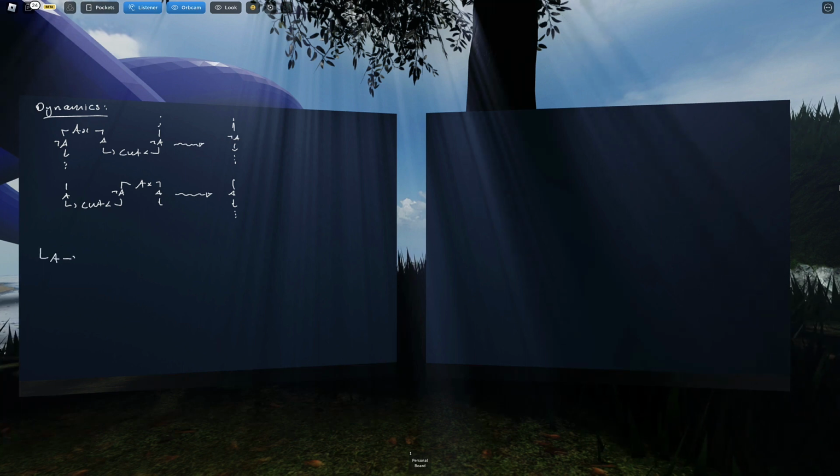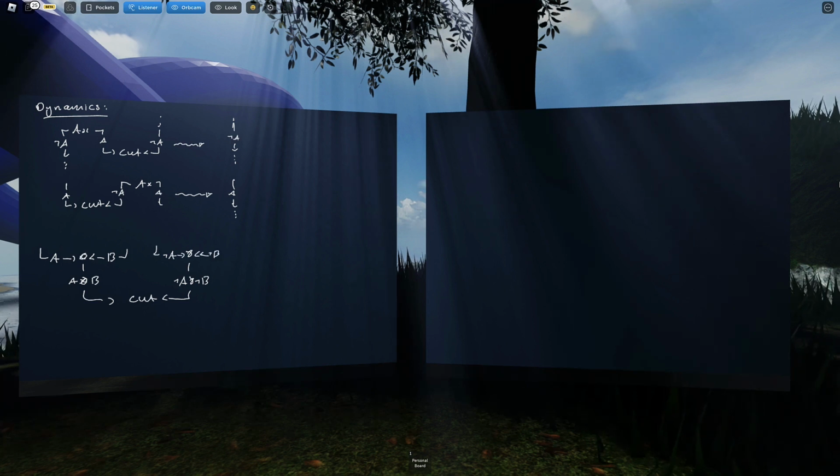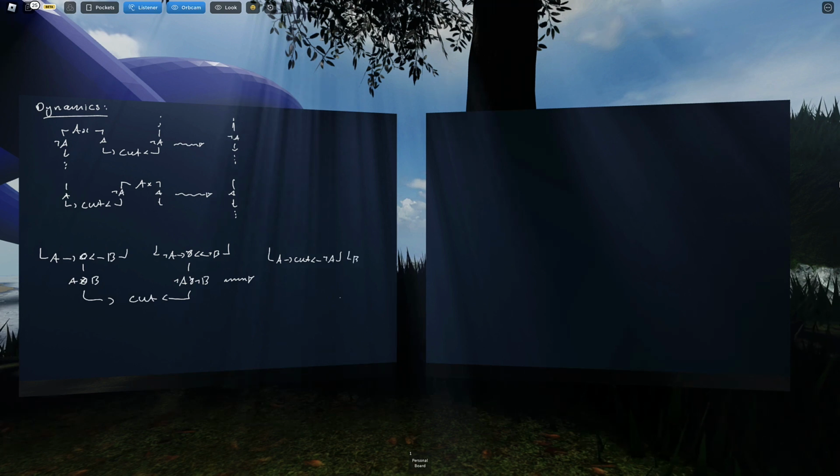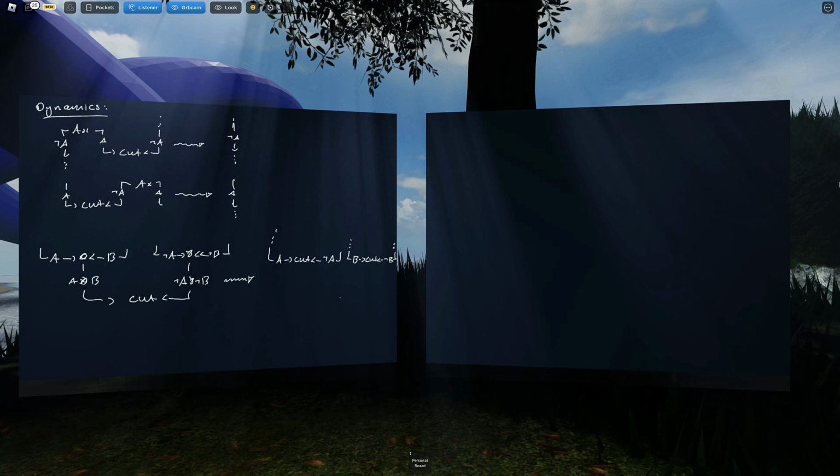So if I go A tensor B, and then I cut against negation A, par negation B. Then this simplifies down to just directly cut the A with the negation A, and then same for the B. Okay, and don't be fooled by the right-hand side.